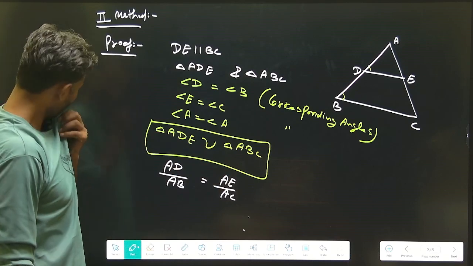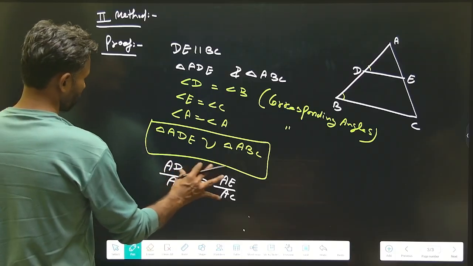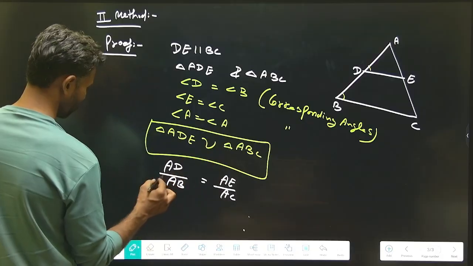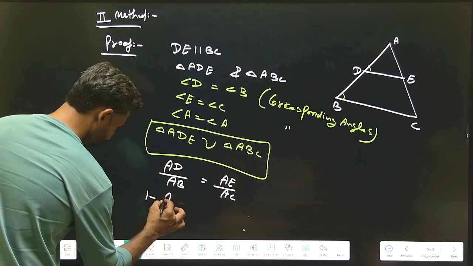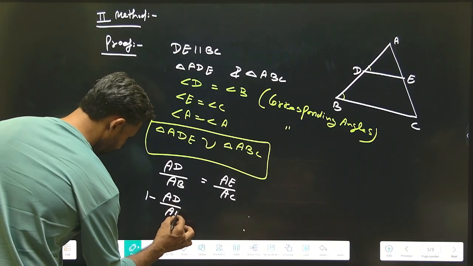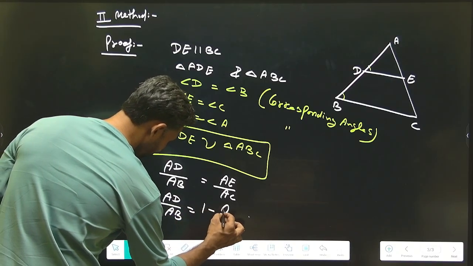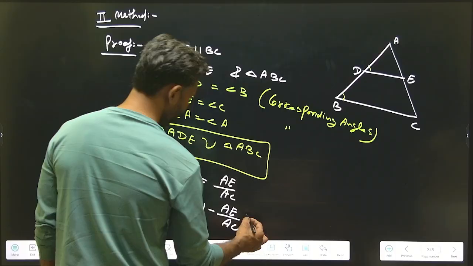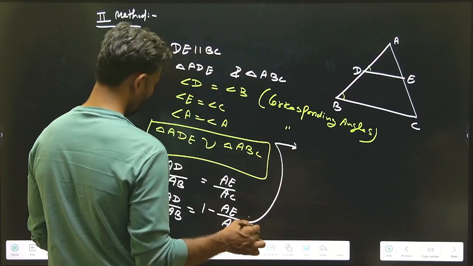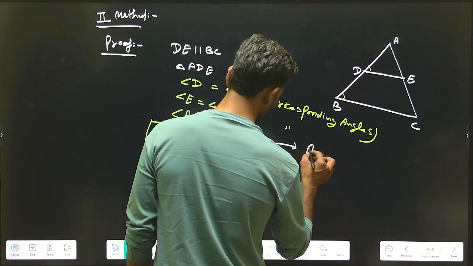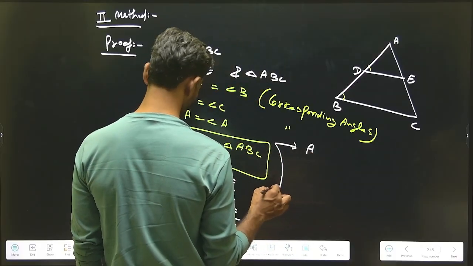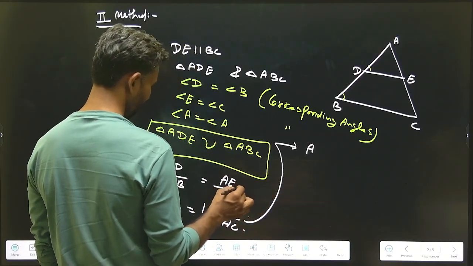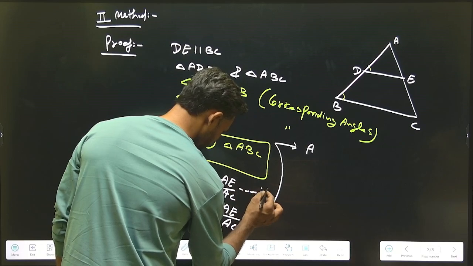Now I am subtracting both the left hand side and the right hand side from 1. So 1 minus AD upon AB equals 1 minus AE upon AC. This is equation number 1.